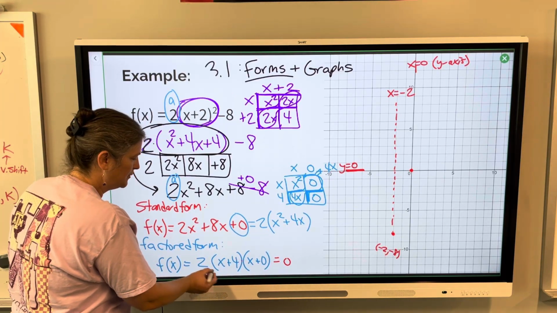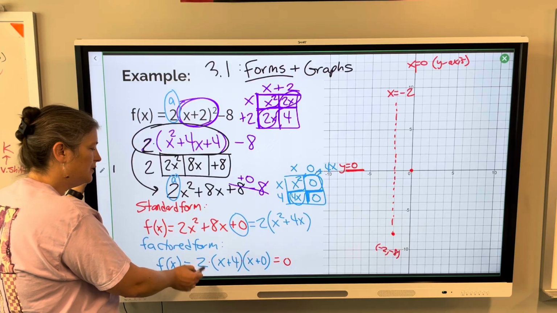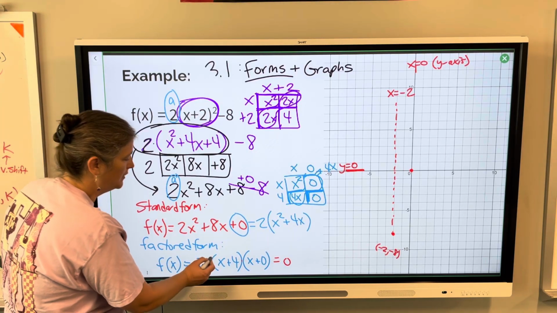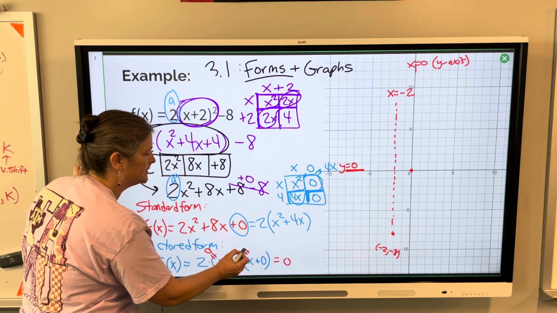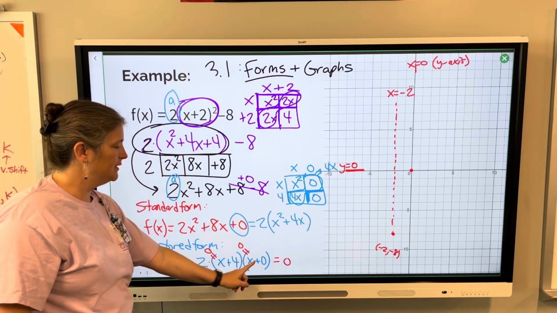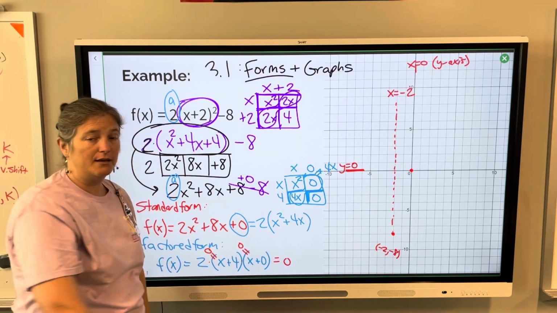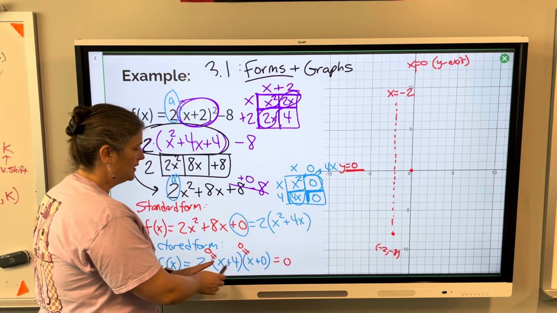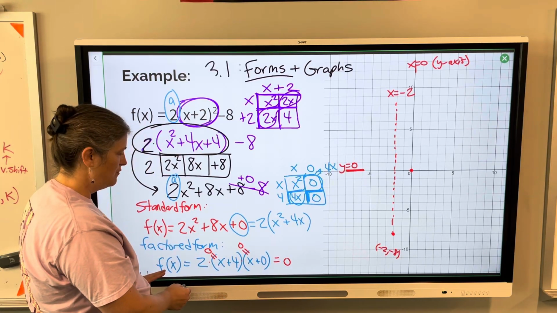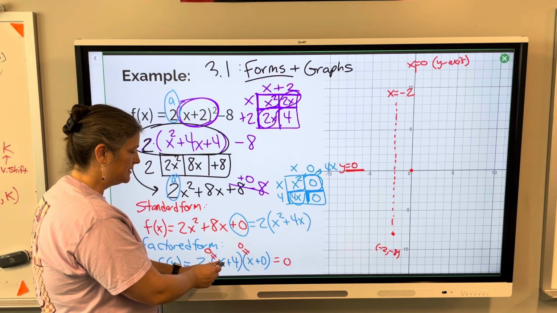Since this is multiplication, well, 2 will never be 0, so that's not helpful. But what if this was 0? Or what if this was 0? If either one of these is 0, it's going to wipe out everything else, so it doesn't really matter what else I have.